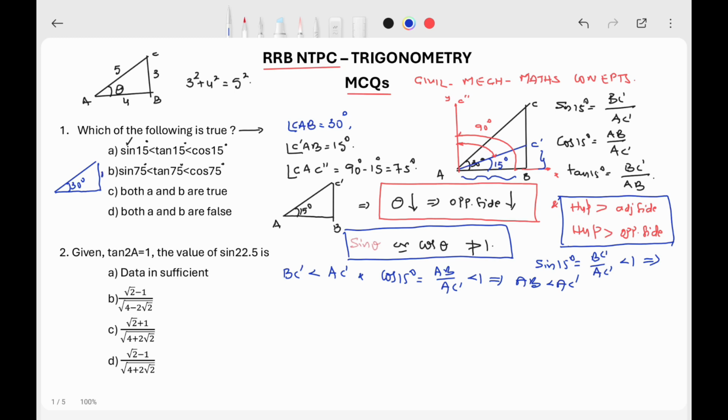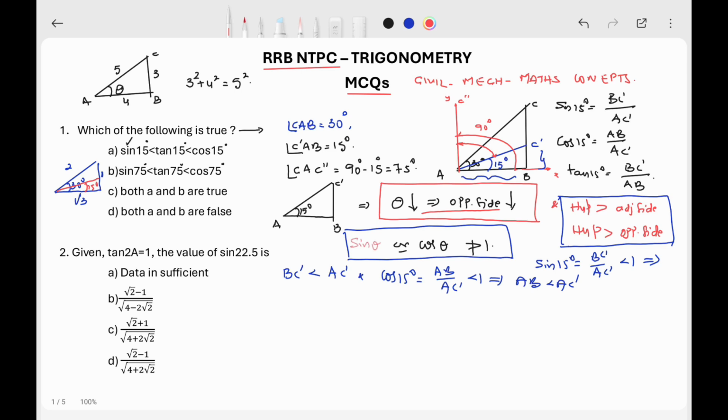It is 1, it is root 3, it is 2, which we have already got from our basics. Now, for 15 degrees what happens? The adjacent side does not change. But as theta reduces, opposite side reduces. That means opposite side will be lesser than 1, lesser than for 30. As theta reduces, opposite side is reducing. But adjacent side is not changing.